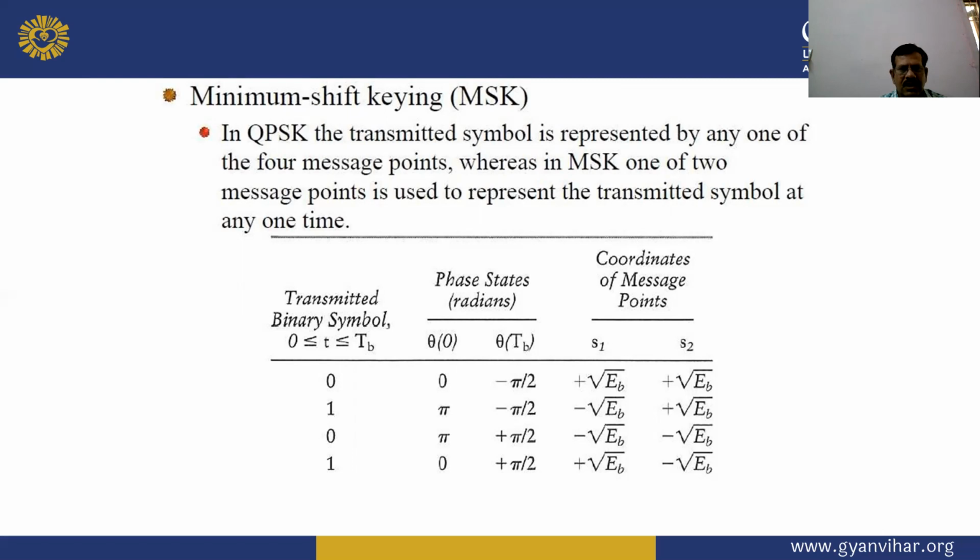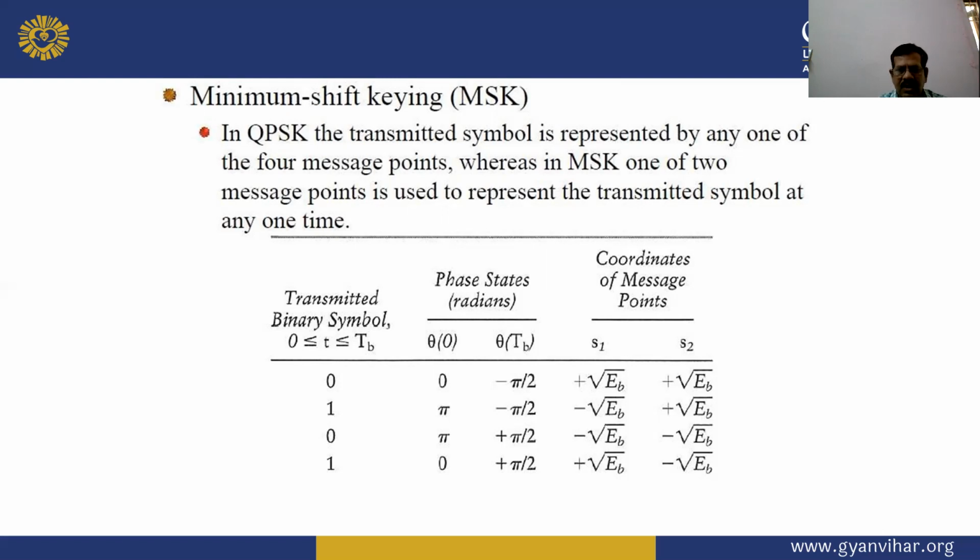So there are transmitted binary symbols, that is 0, 1, 0, 1, and phase state theta 0 in radians is 0, pi, pi, and 0, and theta TB phase state is minus pi by 2 to plus pi by 2, and the coordinates of message points s1 and s2.